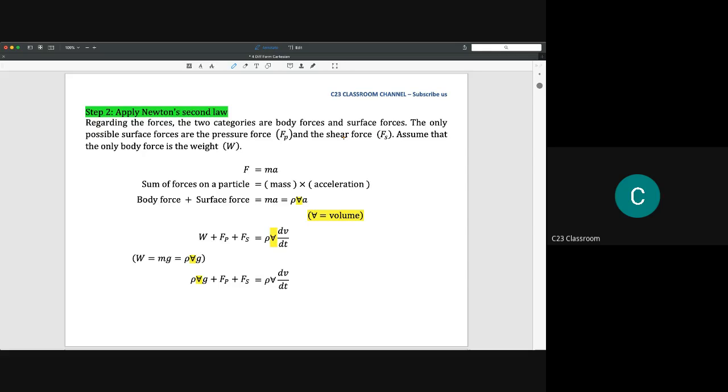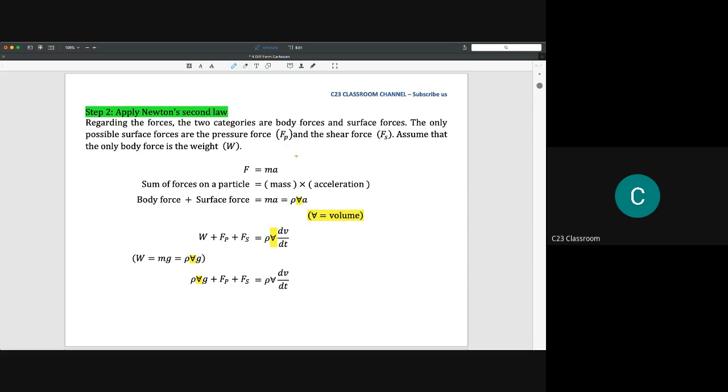Shear force is about the shear stress, and pressure force is about the pressure that occurs at a certain location. And the body force is actually the weight, when gravity tries to pull the molecule down. So it has the gravity force, which we call the body force here.